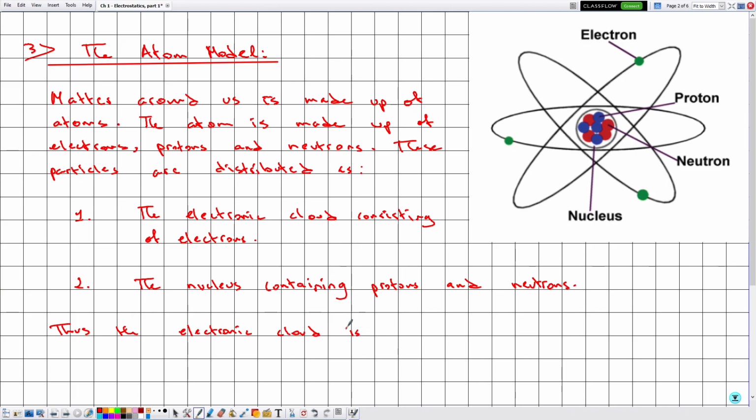is negatively charged. Why is it negatively charged? Because it only consists of electrons. And the nucleus is positively charged.